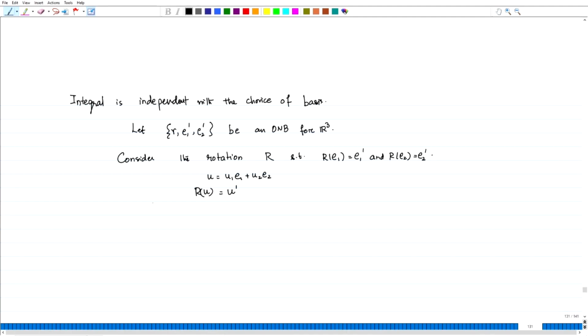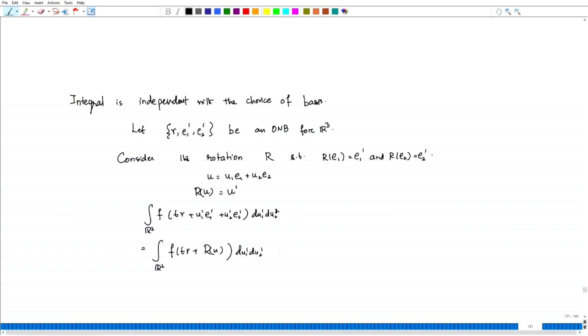Now we write the integral of f(t gamma plus u1 prime e1 prime plus u2 prime e2 prime) du1 prime du2 prime. With an abuse of notation this is f(t gamma plus Ru) du1 prime du2 prime.